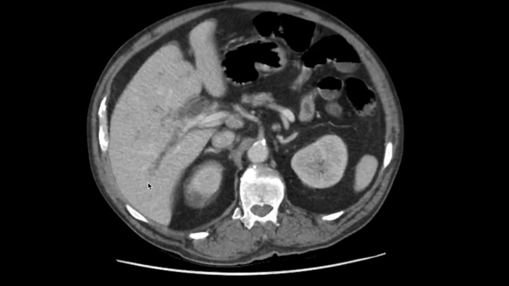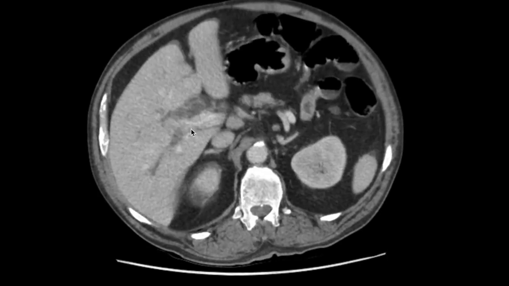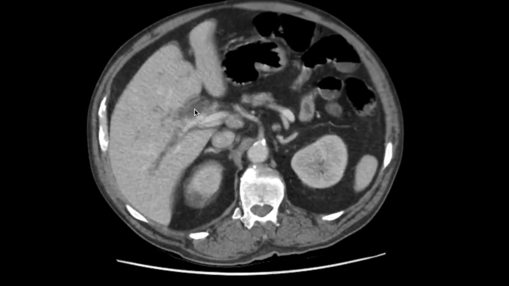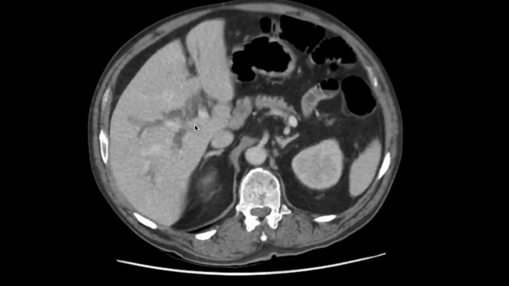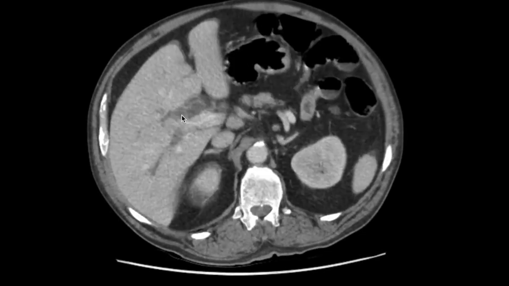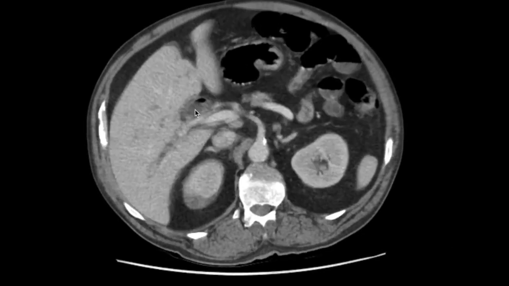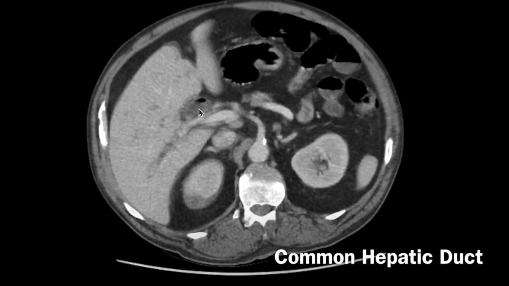So the right posterior and right anterior bile ducts drain to make up the right main bile duct. And the left intrahepatic bile duct here, or left main bile duct, also drains to join the right main bile duct to make the common hepatic duct, which is here in the porta hepatis.